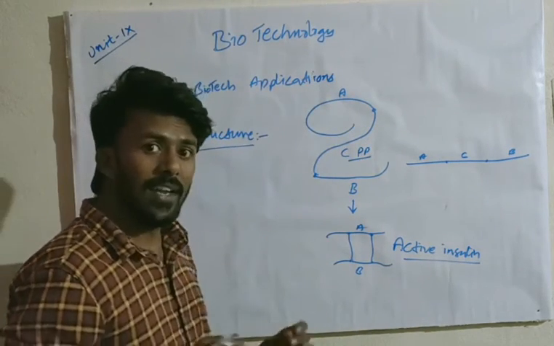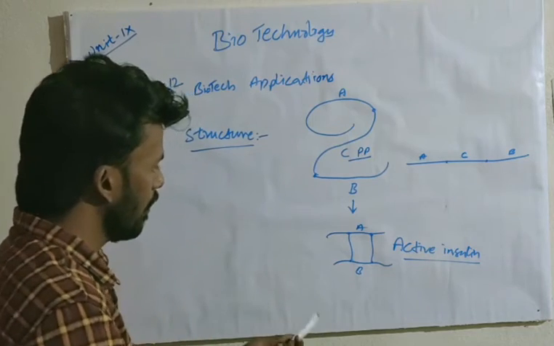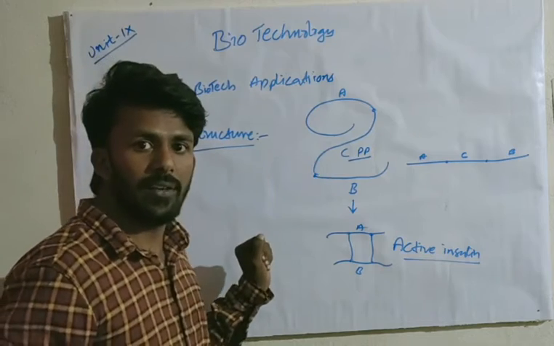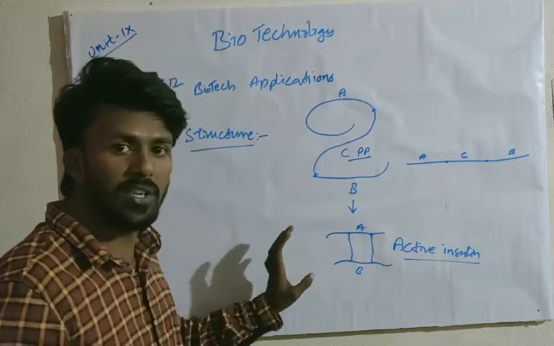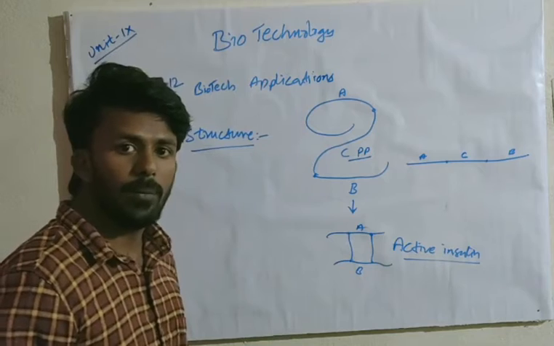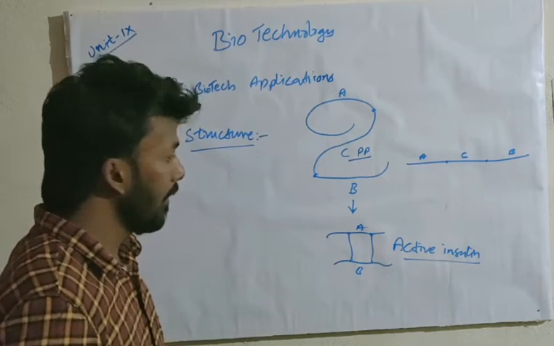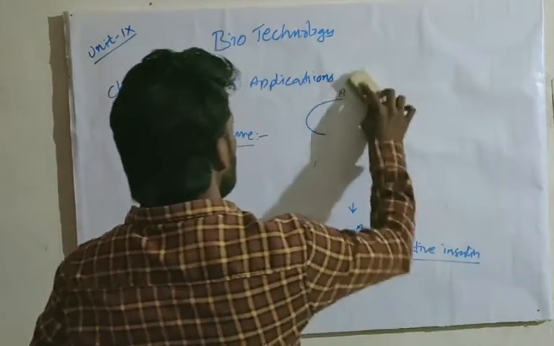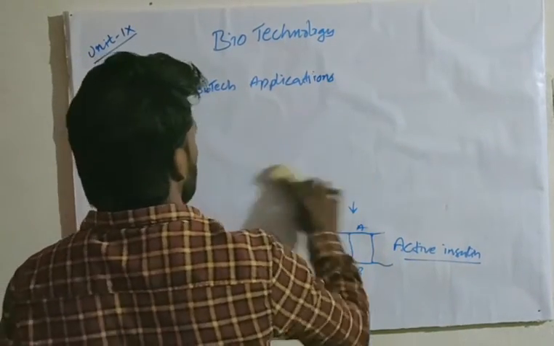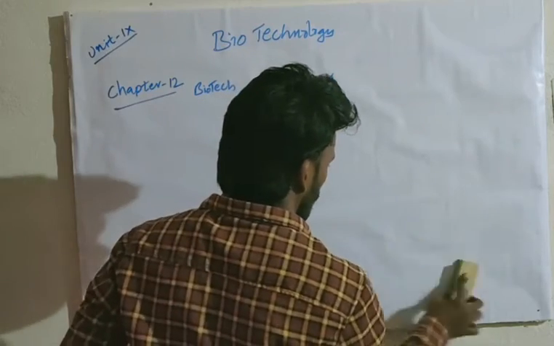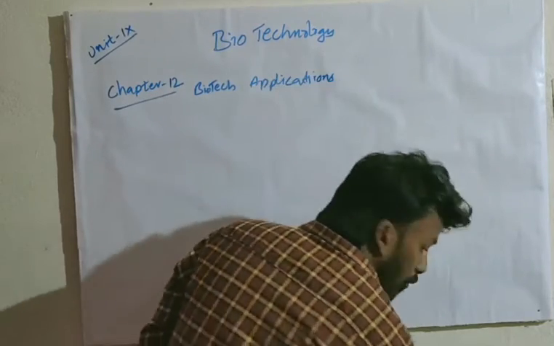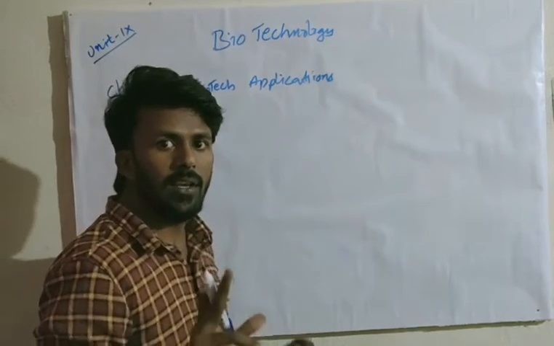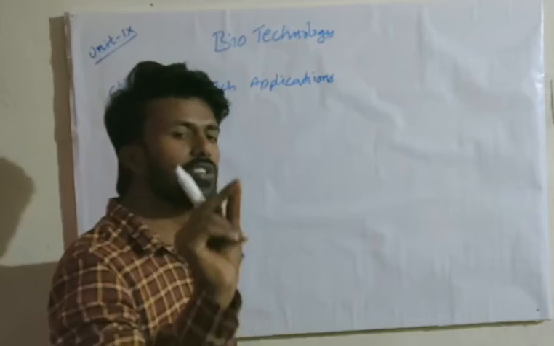So scientists thought: what is the need of the C polypeptide chain when we need only A and B chains for active insulin? So they did an experiment. Before the experiment, as we know, every polypeptide chain is synthesized by a specific gene.